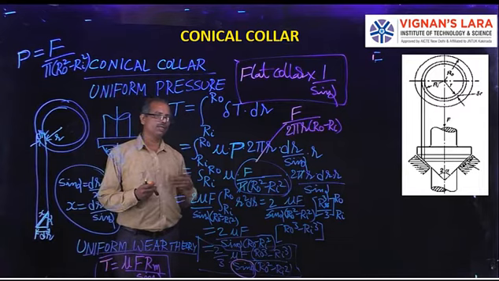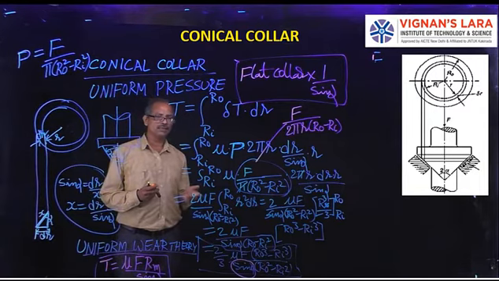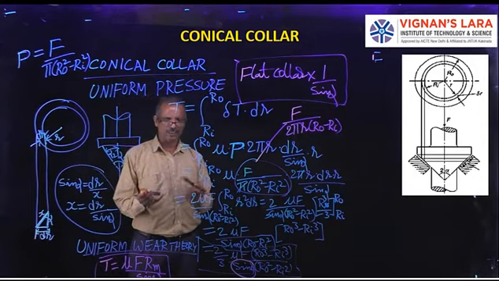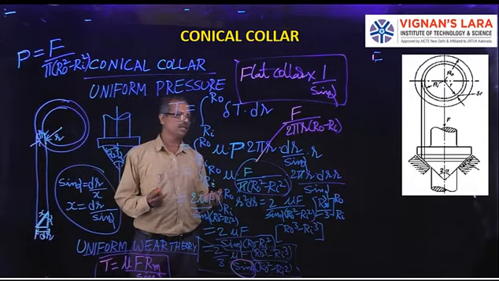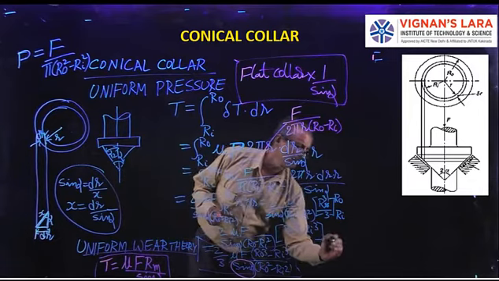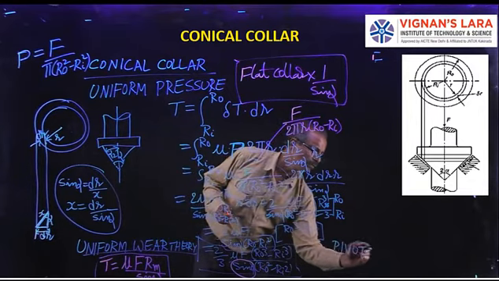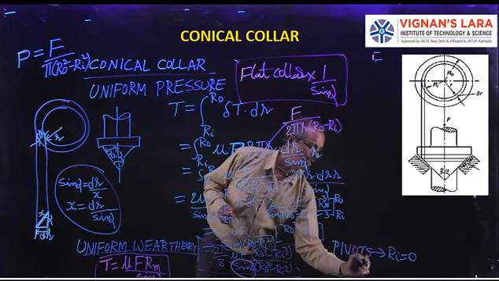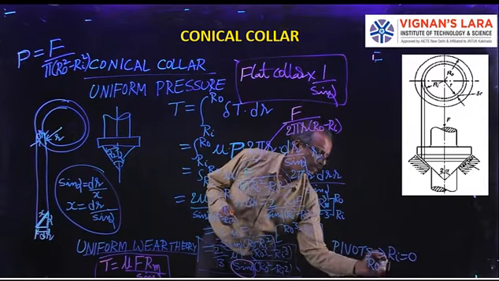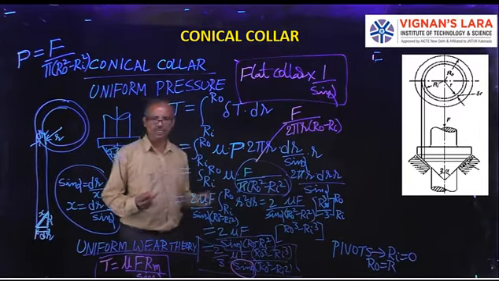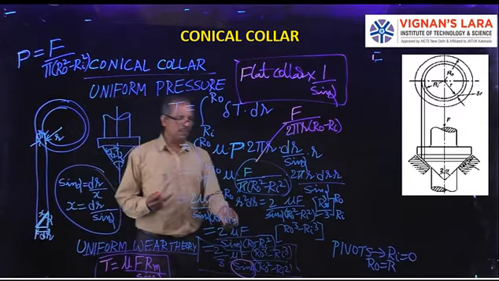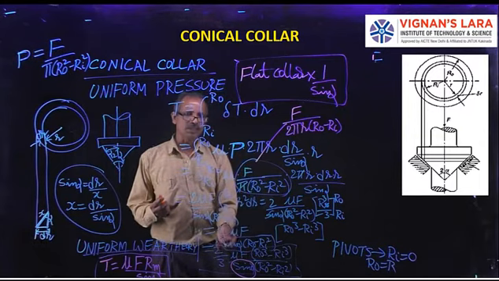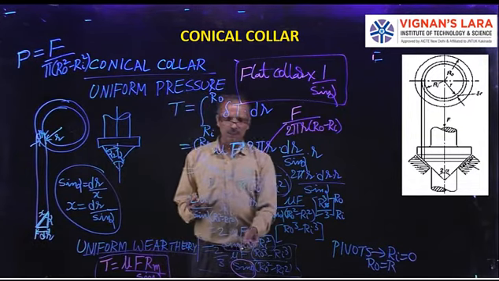Then what about pivots? They are the same equations, only in case of pivots Ri is 0 and R naught is R. You simply substitute like that. Let us see the uniform pressure theory case for a conical collar.